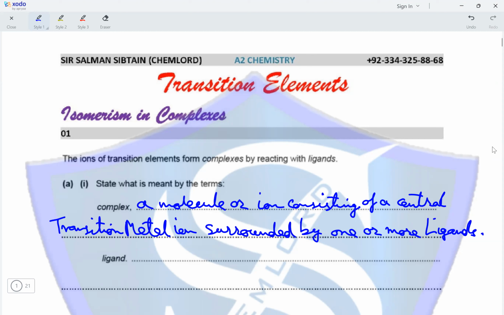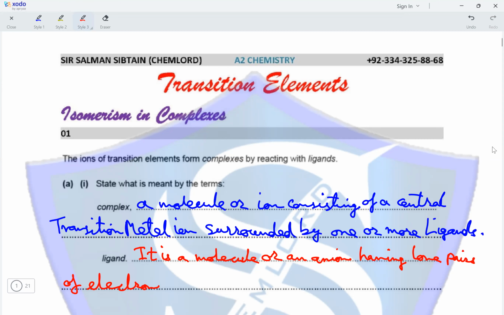The next definition asked is that of a ligand. It is a molecule or an anion having lone pairs of electrons capable of forming dative covalent bonds with the transition metal ion.